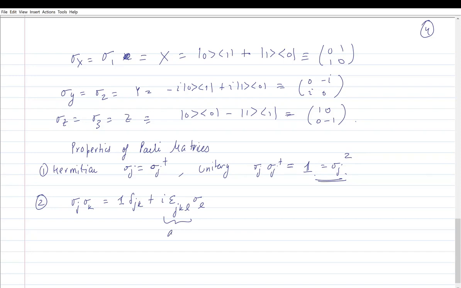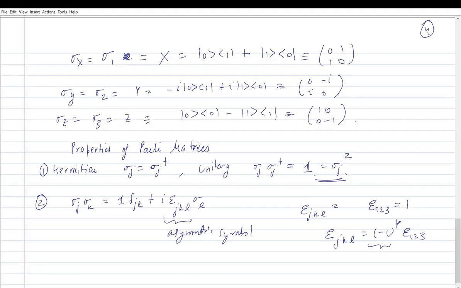This is the antisymmetric symbol, which essentially means, well, you start with 1, 2, 3, that's 1, and essentially this is equal to 1 if they are in the cyclic order, or if this represents a permutation of these, then you get a minus sign.